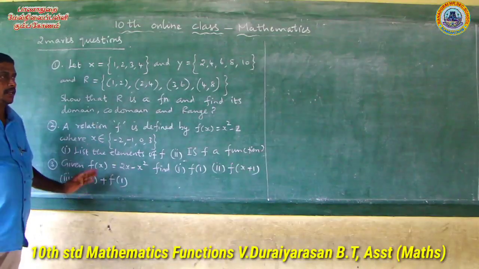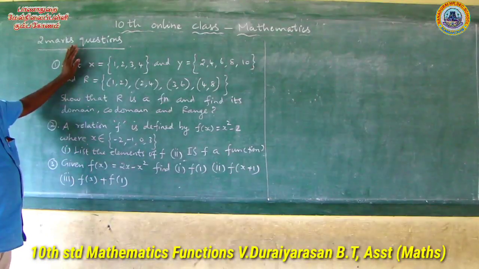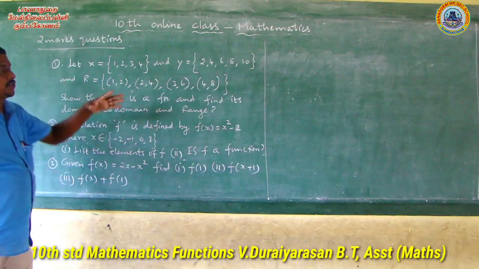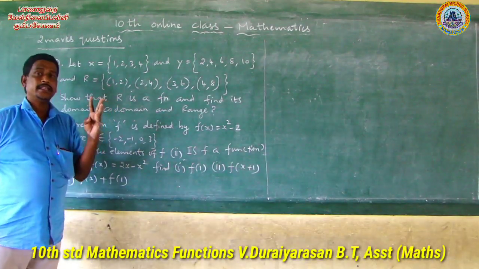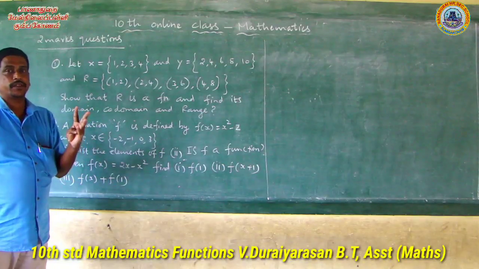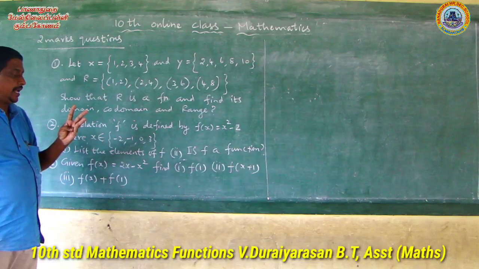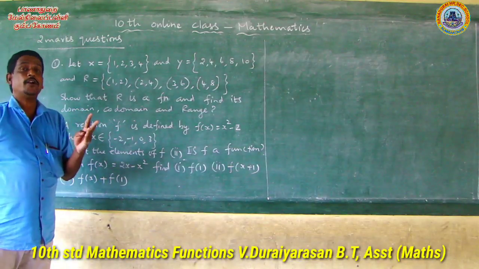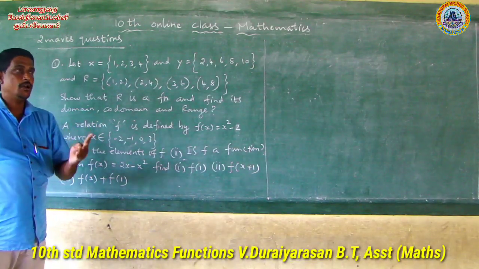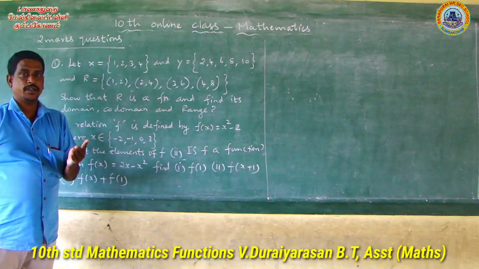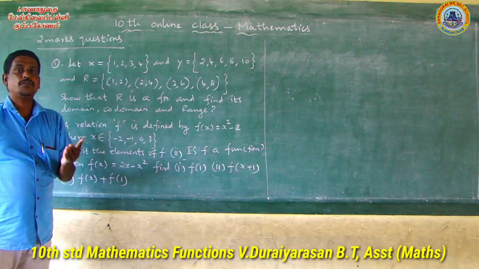Students, next we are going to do 2 more questions. Today, first I explained the definition of function. Next, representing arrow diagrams. Third, types of functions. First, how to find a function.